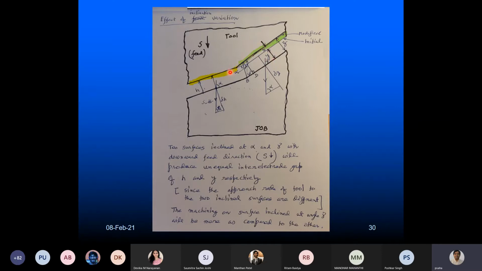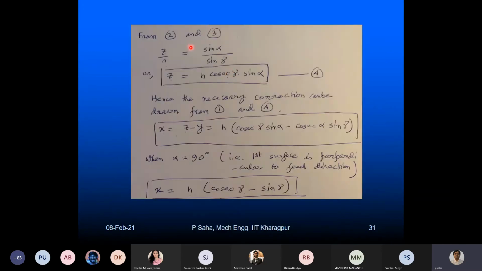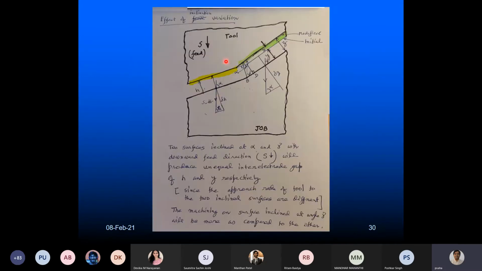Okay, now finding some trigonometric relations, we can say z by h, this ratio, equals sine alpha divided by sine gamma. Here you can easily find the relation for S dt.